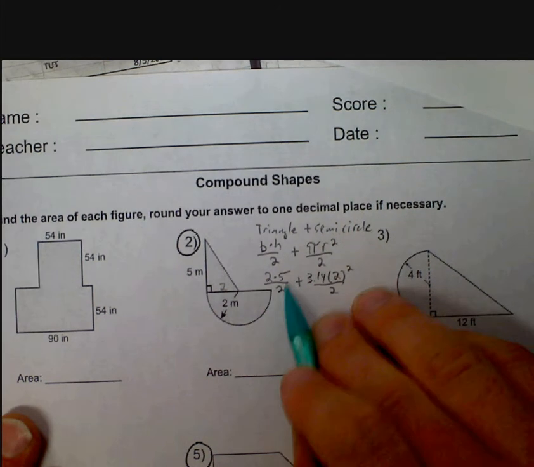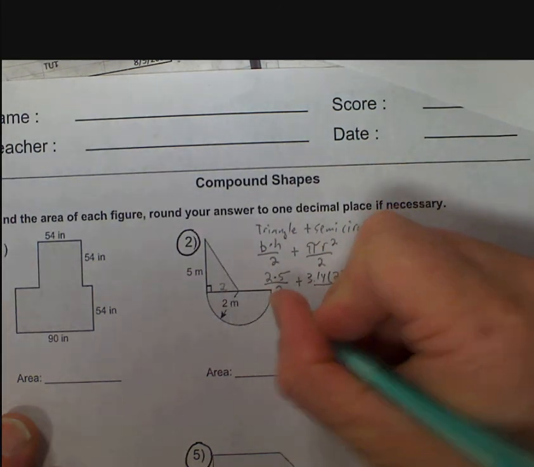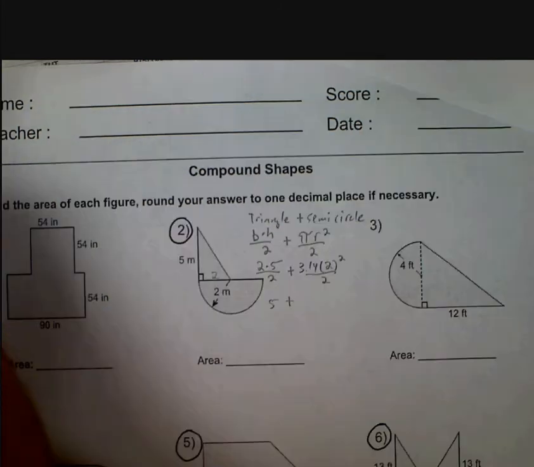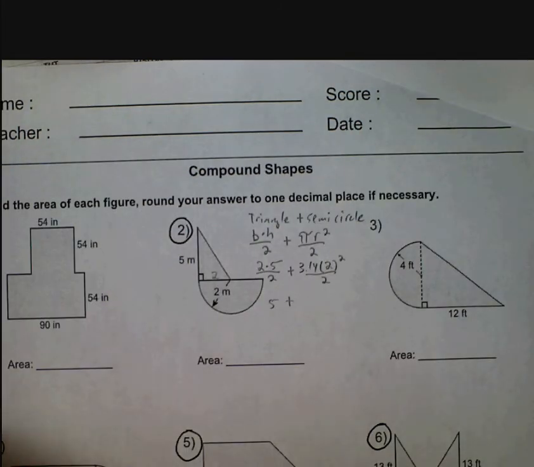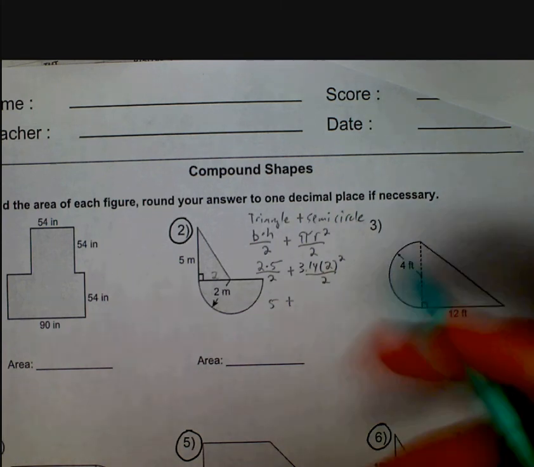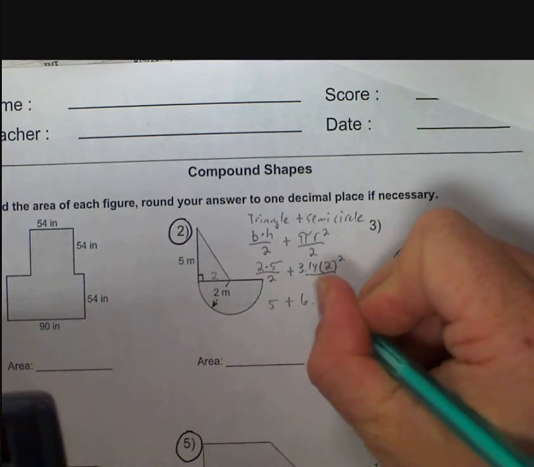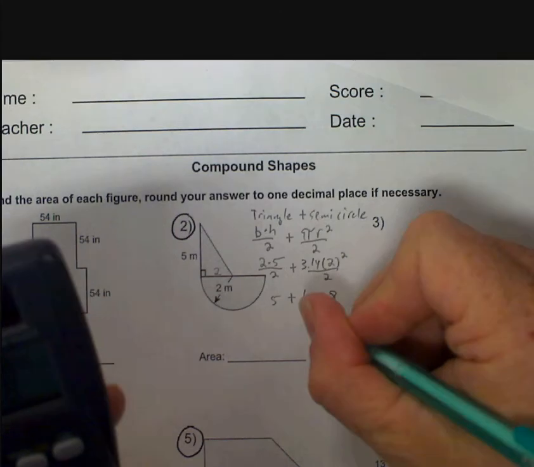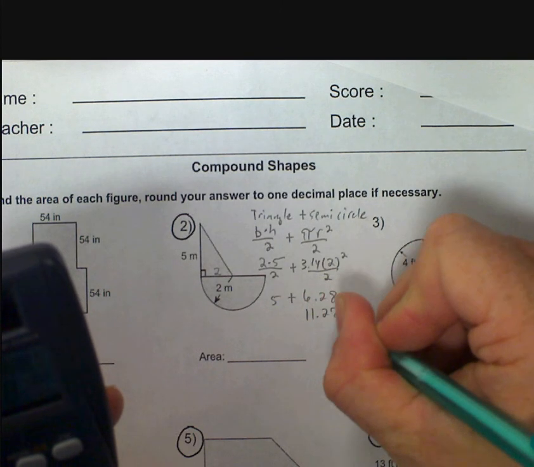2 times 5 is 10, divided by 2 is 5. Then I have 2 squared is 4, so 4 times 3.14 divided by 2 is 6.28. If I add that to 5, I get 11.28.